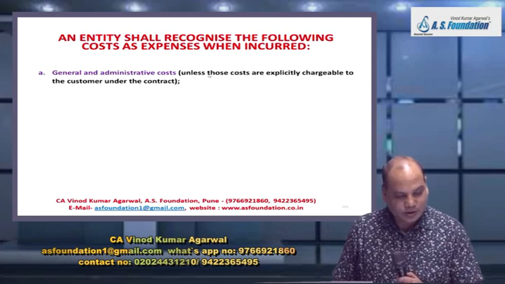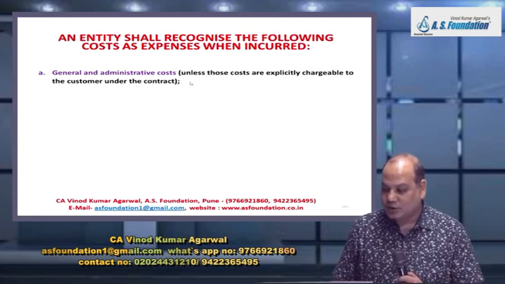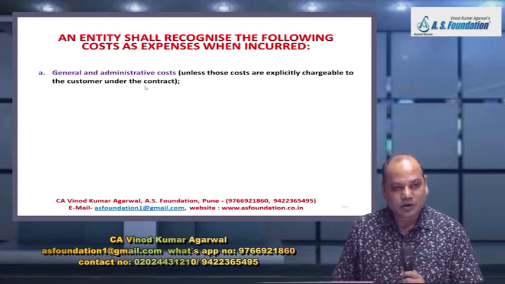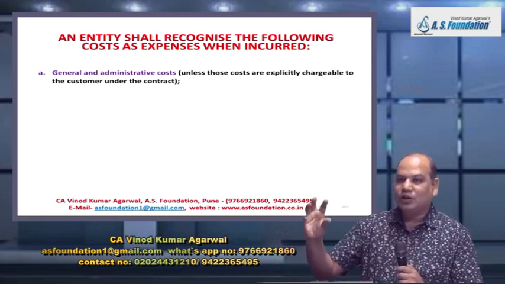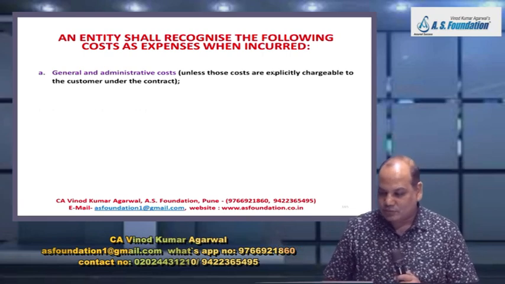Again in brackets they have written, unless these costs are explicitly chargeable to the customer under the contract. So you have to mention it in the contract that we are going to charge a certain administrative cost.